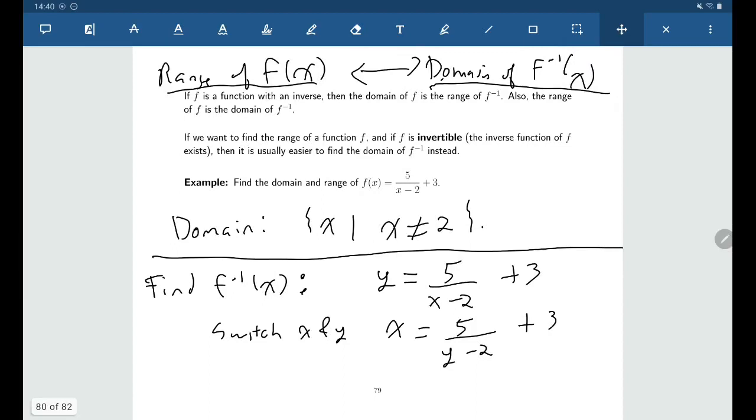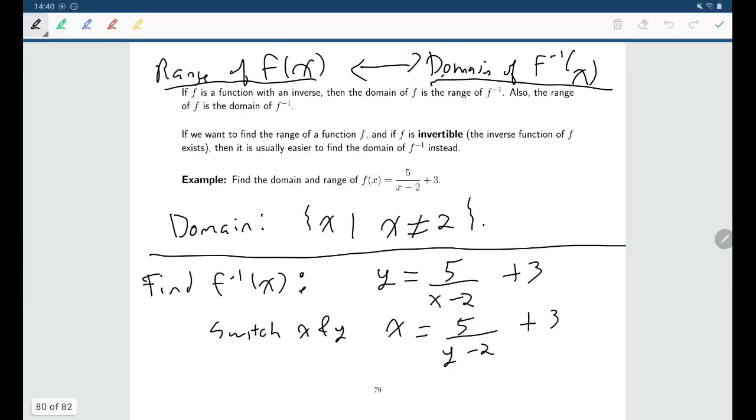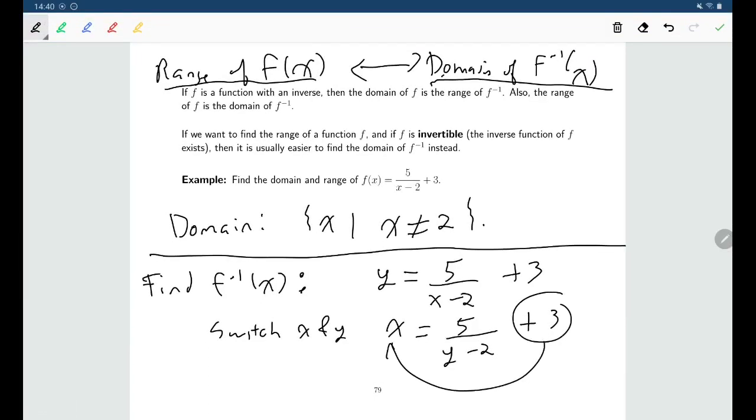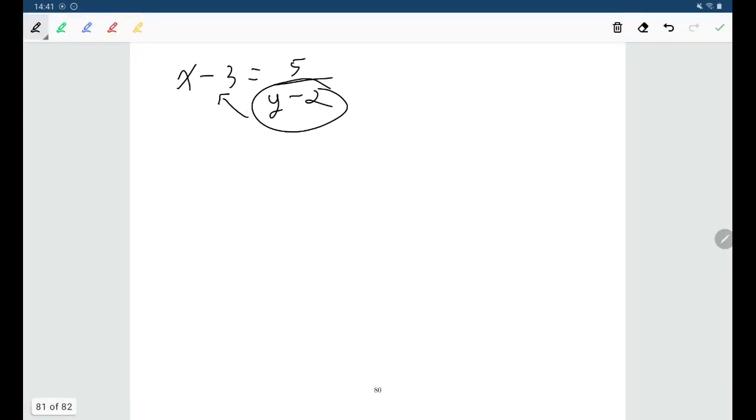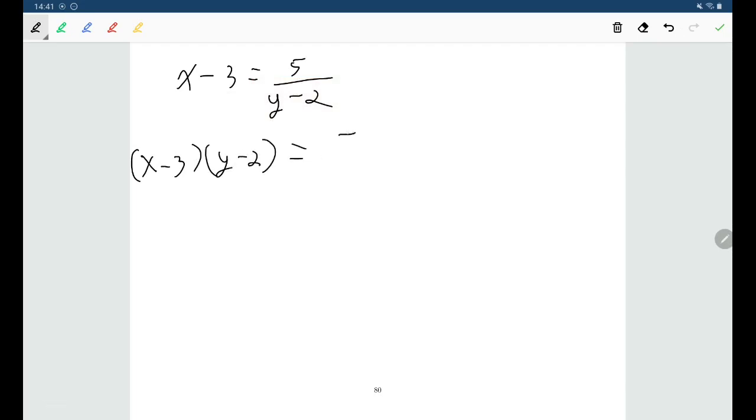Okay, so now that I've brought the 3 over to the other side, I've now got x minus 3 equals 5 over y minus 2. I'll now bring that y minus 2 up to the other side. I'll divide by x minus 3.